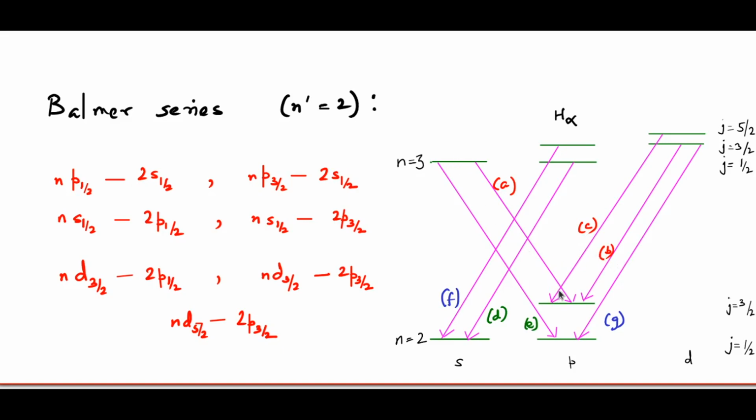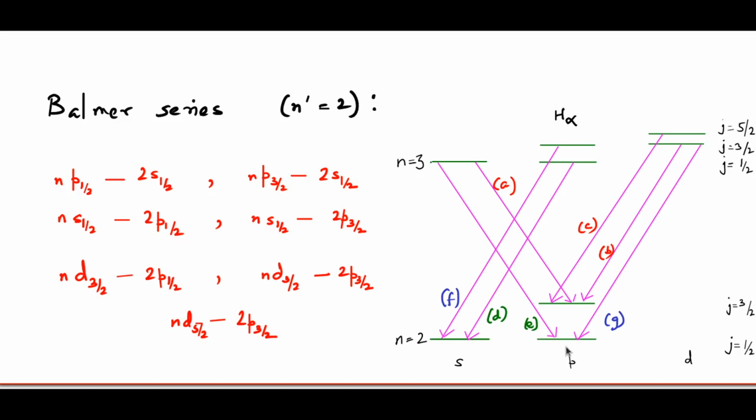The next step in frequency would be the line C, which is from an even higher level 3d 5/2 to 2p 3/2. Now we have two lines which are both labeled in green in the diagram. One is a transition from 3p 1/2 to 2s 1/2, and the other is a transition from 3s 1/2 to 2p 1/2.